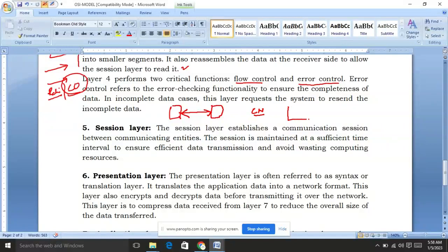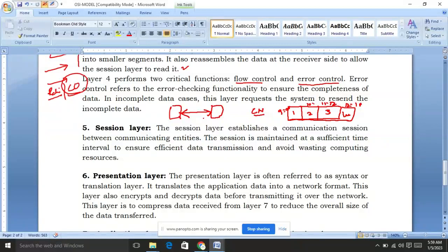Suppose our timetable from morning to evening is divided: subject 1 from 9 o'clock to 10 o'clock, one subject from 10 to 11 o'clock, second subject from 11 to 12 o'clock, another subject from 12 to 1 p.m. Suppose lunch, like that. That's the timetable. So the time is divided.